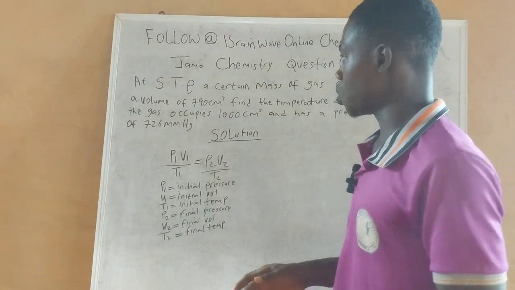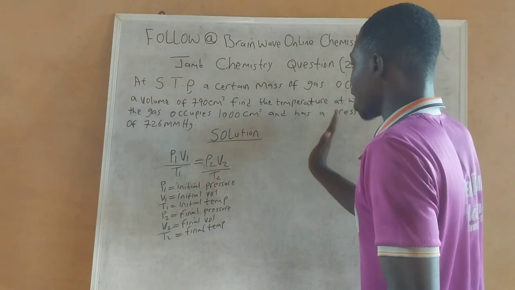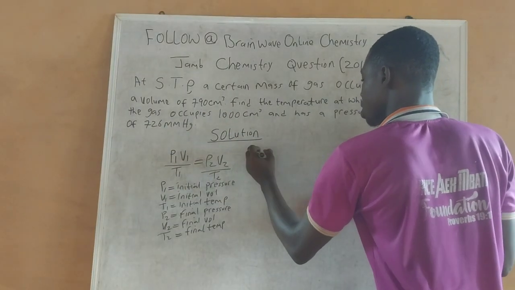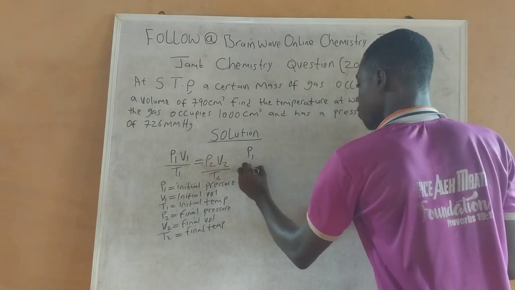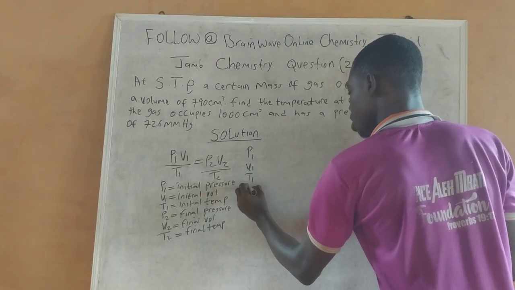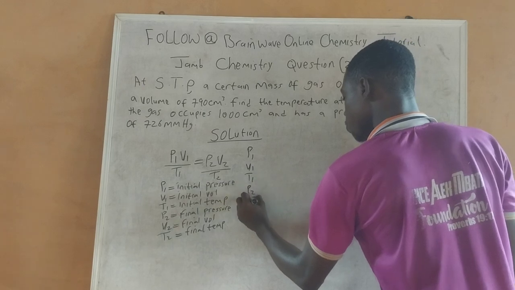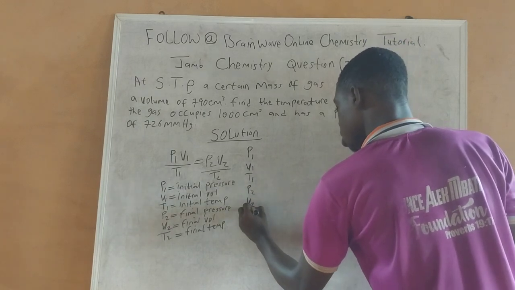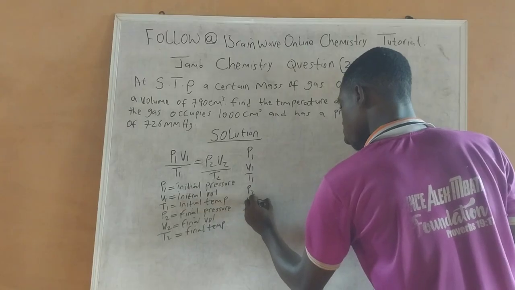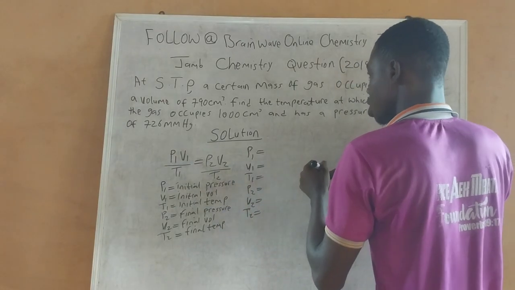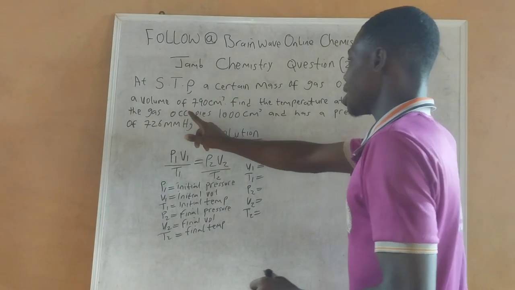So let's continue. Now let's bring out all the parameters in this question. P1 is initial pressure, V1 initial volume, then T1 initial temperature, then P2, V2, and also T2. Now it says at STP.